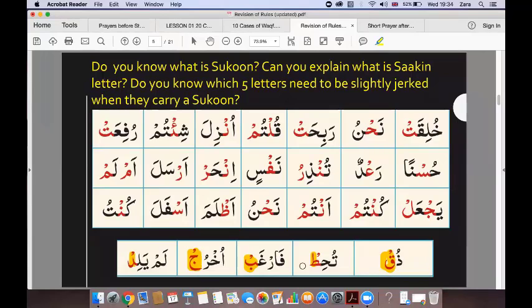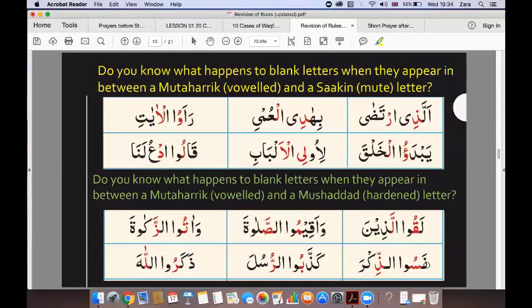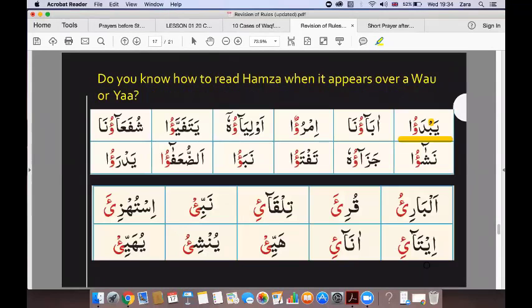So we have qaf, ta, ba, jim, and dal. When they're carrying the sukoon sign on them, we vibrate the sound slightly. So the reason I pointed it out was because in this example, we have an example of this letter which we have to vibrate. So this is the qalqala letter. So you would read it as yabda'u.